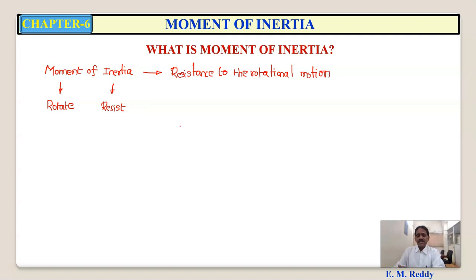So the moment of inertia is calculated by taking the second moment about a particular axis. Second moment means what? Moment of moment. So it is moment of moment. Is it clear?